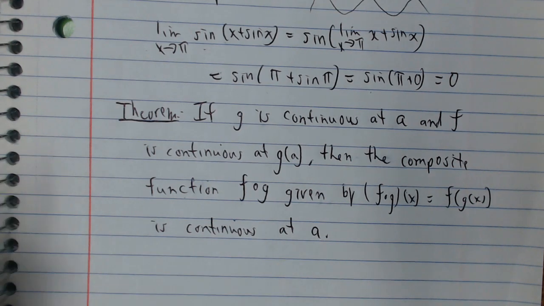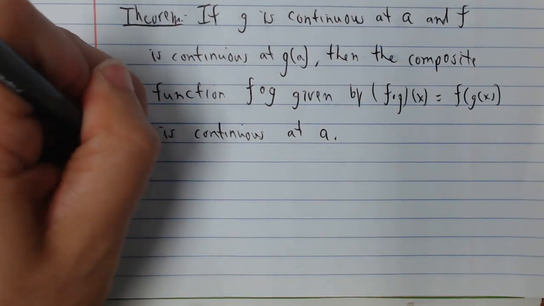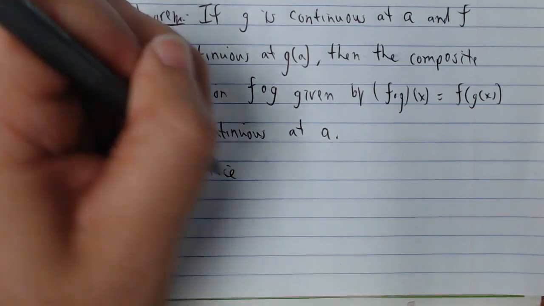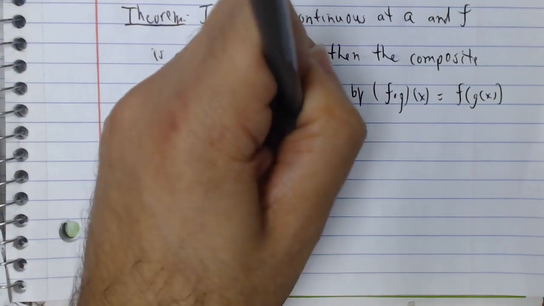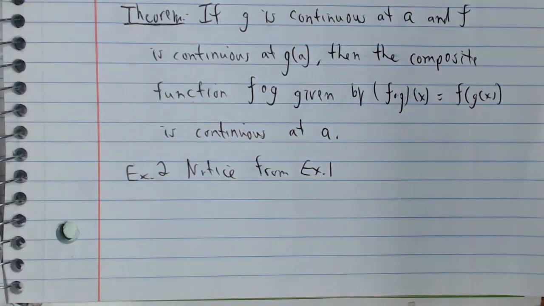Okay, so for example 2, we'll just use example 1. We could say, look, notice from example 1, we could treat example 1 as a composite function as we talked about.